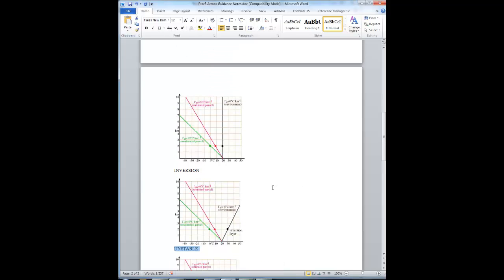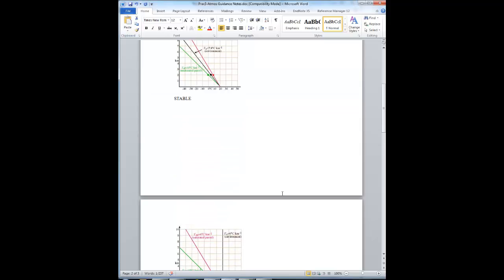Now a less extreme version: you've got a local lapse rate showing the same temperature with altitude. The temperature is not decreasing with altitude, but as long as the temperature decrease with altitude is less than the dry adiabatic lapse rate, then you're going to have stable conditions in which there'll be no vertical mixing.